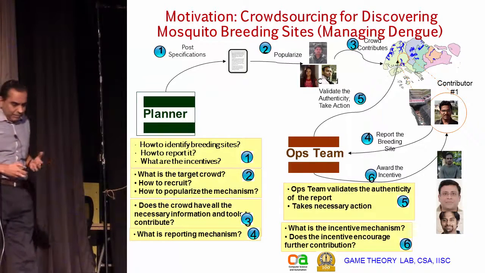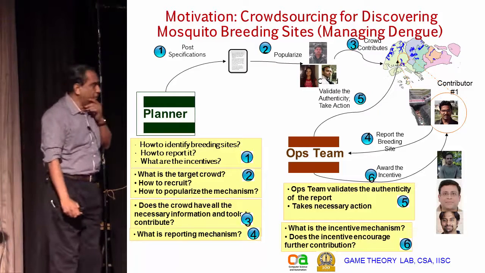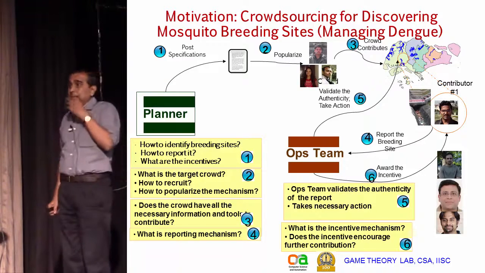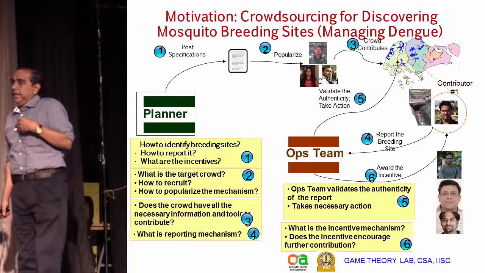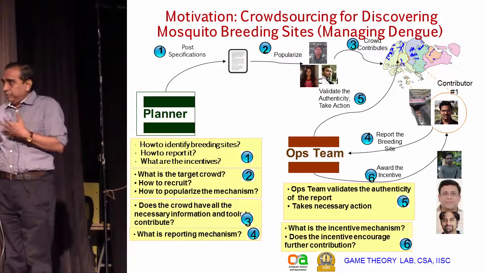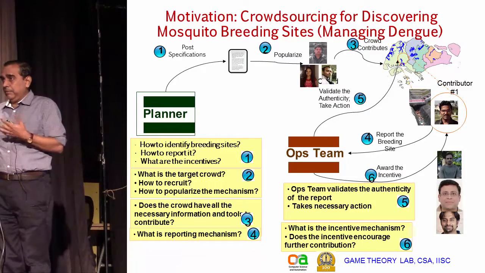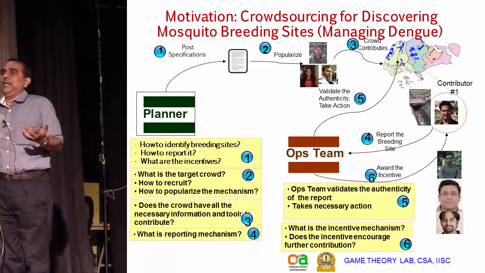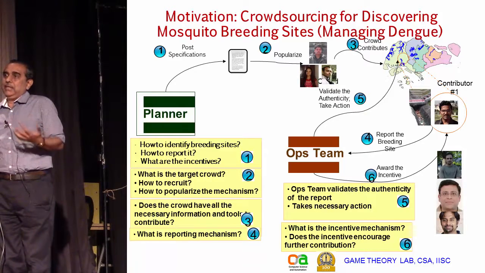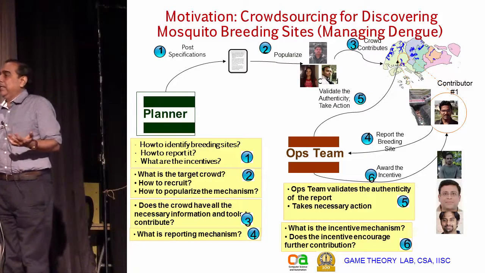Okay, so the other example which is somewhat interesting is in the healthcare domain. As you know, dengue fever is very prevalent in many parts of the country right now. In fact, a city like Bangalore itself was affected not so long ago.